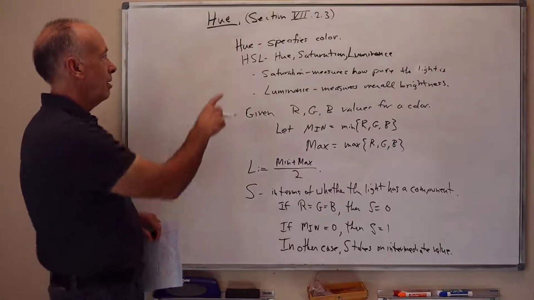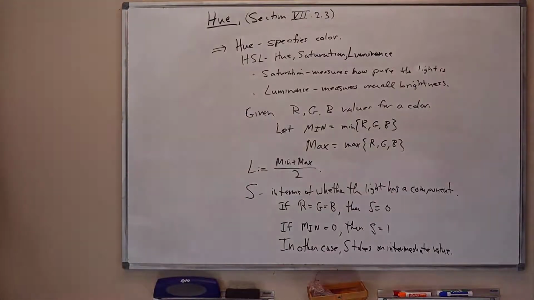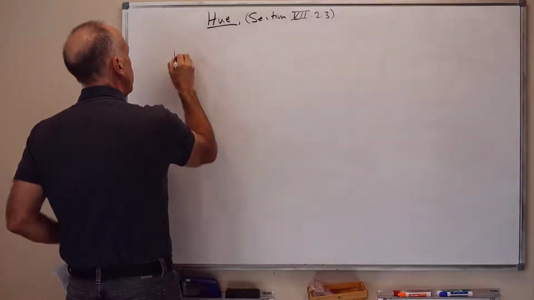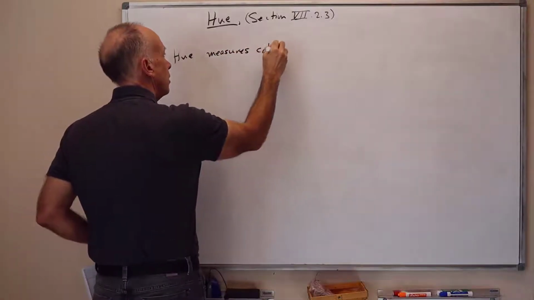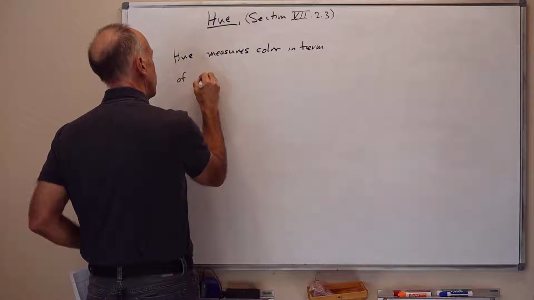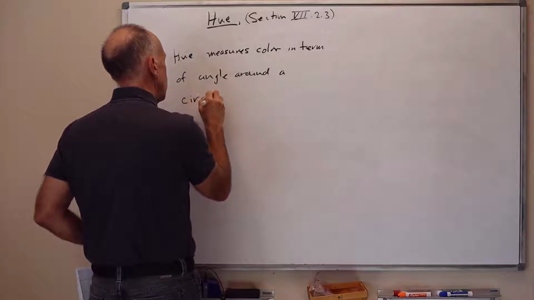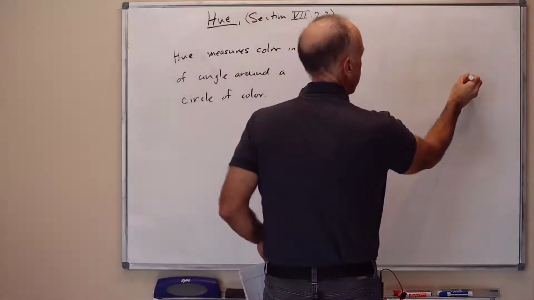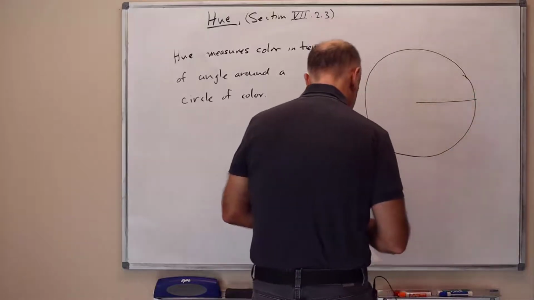And this leaves the main topic, which is, what is hue? So hue measures color in terms of angles around a wheel or a circle. So we form the following sort of image. Here we've got a circle, and we put red here.